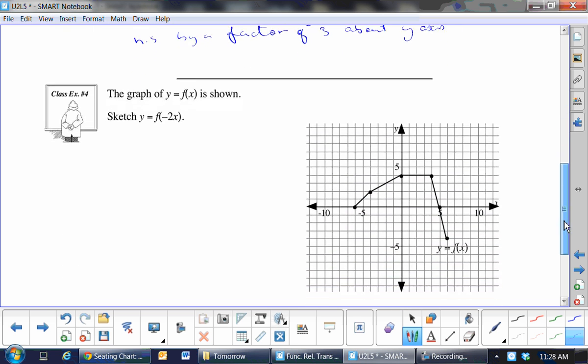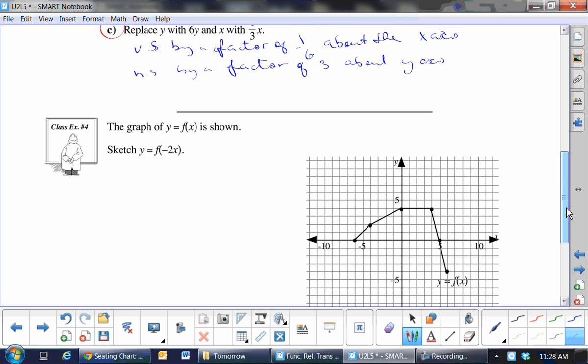Now I just want everyone on their own to do question 4, and I'm going to call one person up here to do it. Okay, now I'm not going to bring somebody up that got it wrong, so you don't have to worry about that. But this is a tough question. This question here separates a class. Half will get it, half won't.